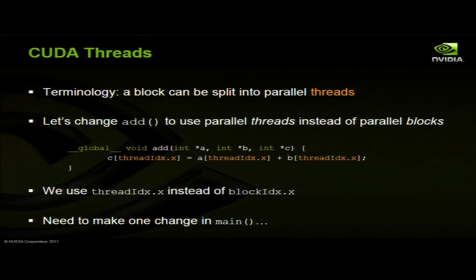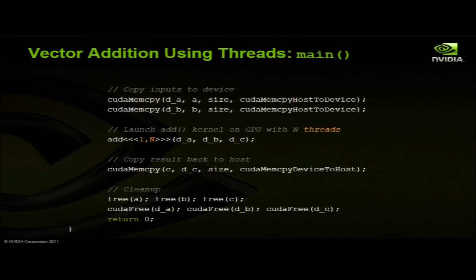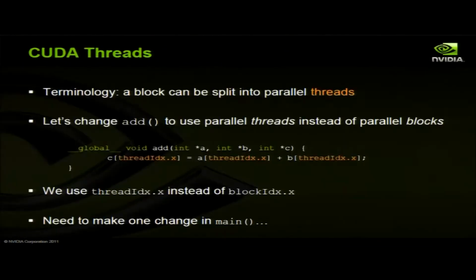Okay? So instead of blocks, let us launch multiple threads. So instead of blockIdx, now if you see, you have threadIdx. And instead of doing it as n comma 1, you are doing 1 comma n. Do you see that? Right? So there are 2 changes which we are doing.